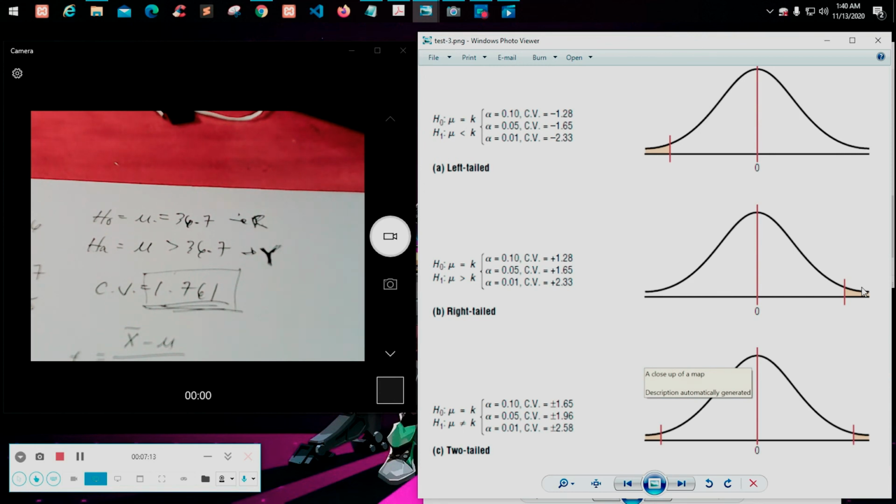If less than naman, the value should be less than the critical value to be rejected. And if naka two-tailed kayo, the obtained value should be less than or greater than the critical values you obtained to be rejected.